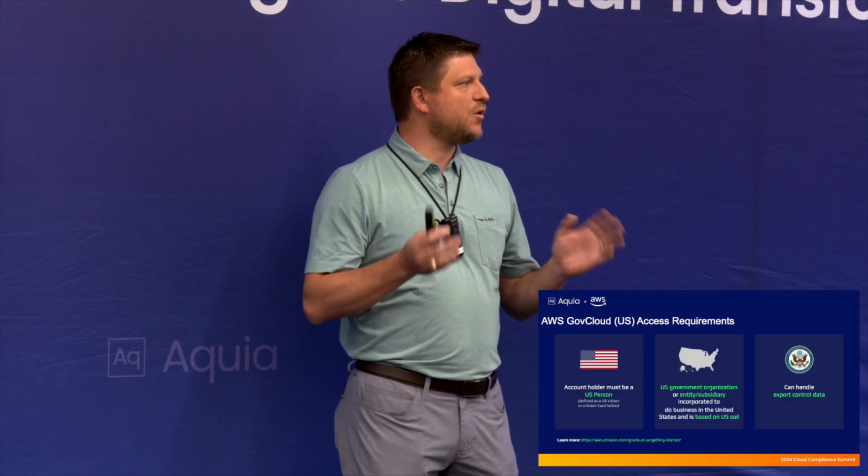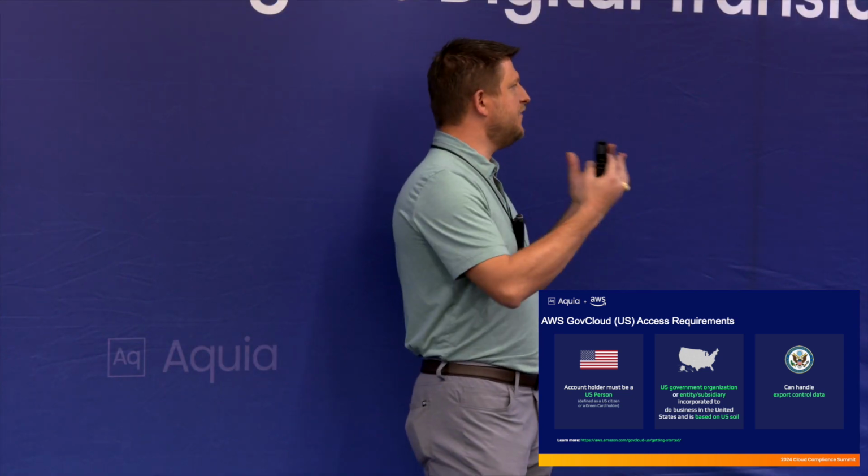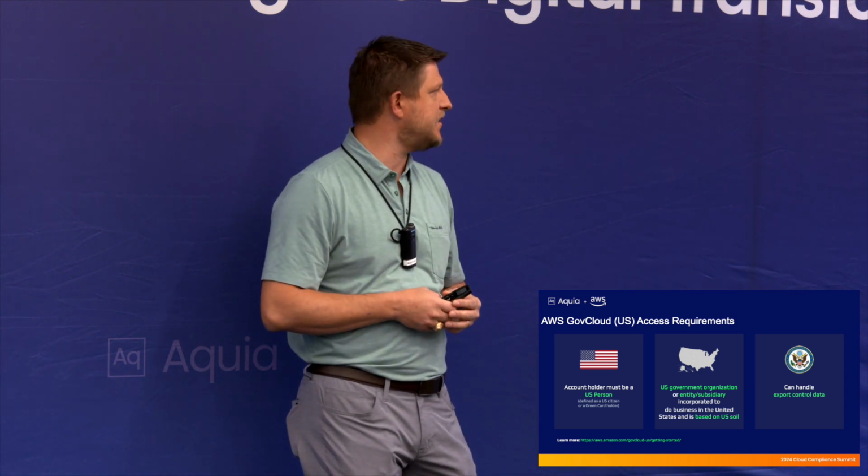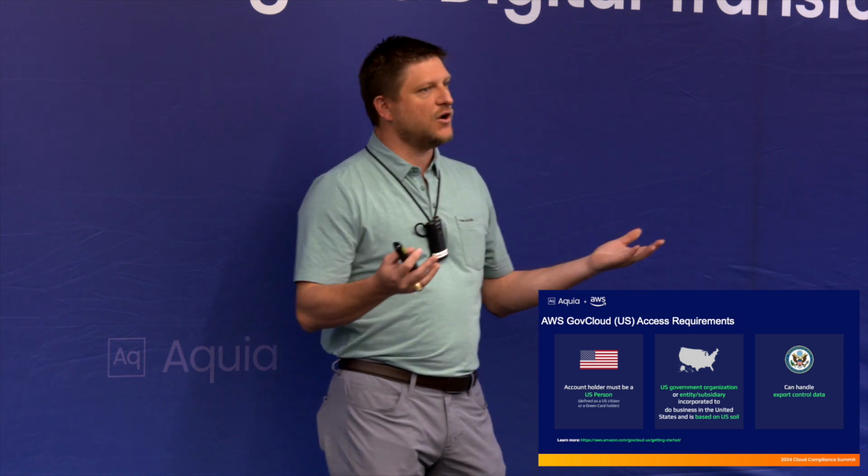All right, so there are a few requirements to getting into GovCloud. We as AWS are going to vet the root account holder. The root account holder is the one that is operating the commercial account and is requesting GovCloud access. Beyond that, we're going to vet the business unit, to make sure that you are incorporated in the US.